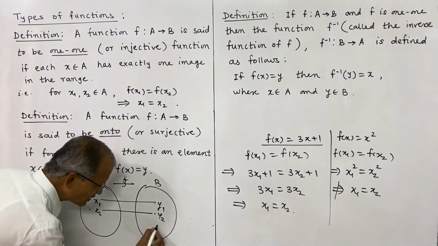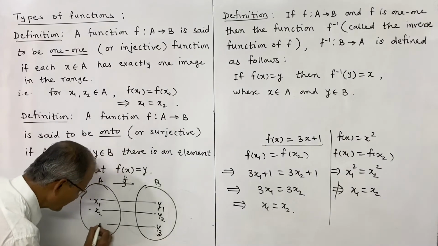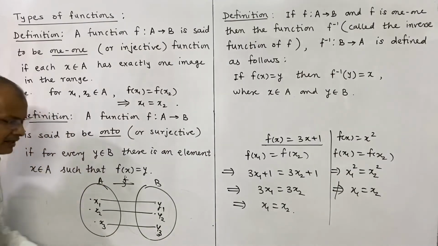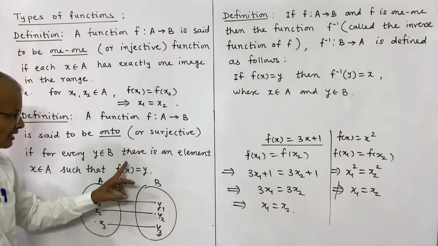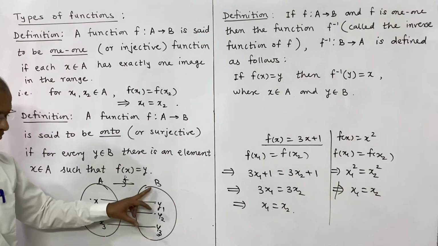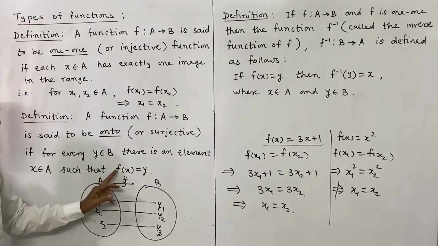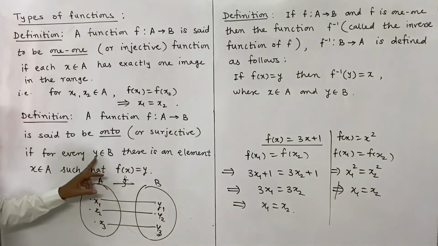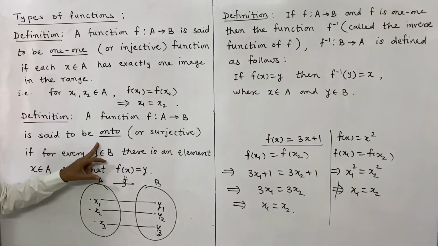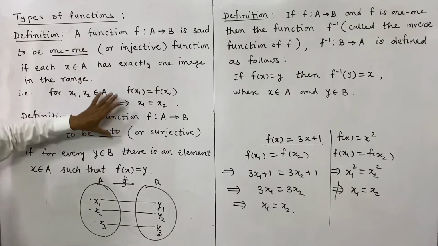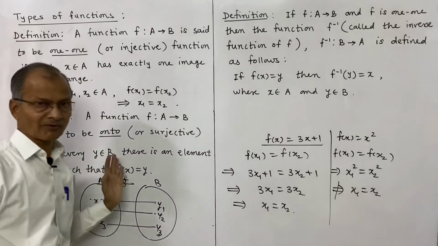And if we consider y3 and its inverse element is x3, then this becomes onto. So the condition is, for every y in B there exists x in A such that f of x is equal to y. That type of function is said to be an onto function. So these are two important types of function: 1-1 and onto.